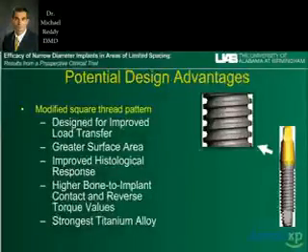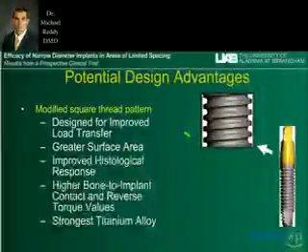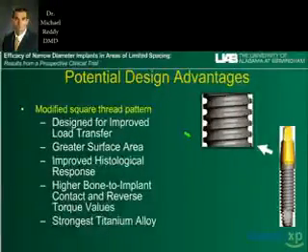So the potential design advantages of this implant were that it had a modified square thread. The thread pattern itself has sort of loading platforms of square thread that has an improved load transfer. Also, the square thread pattern gives you a greater surface area, which may be advantageous because as you go to a narrower implant, you have less bone-to-implant contact.